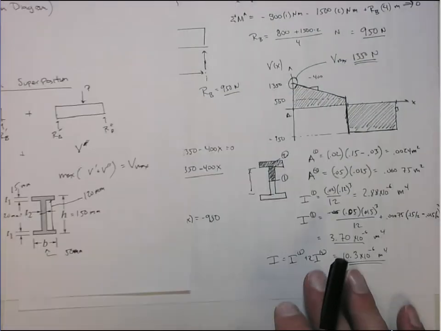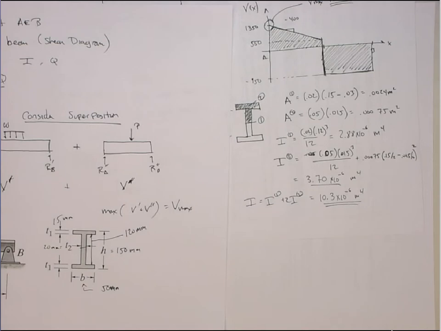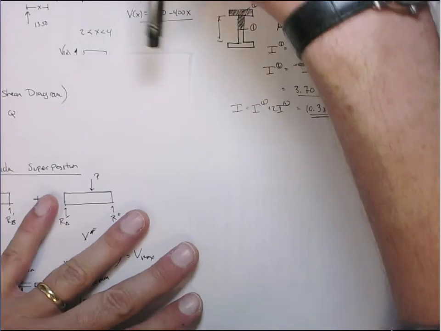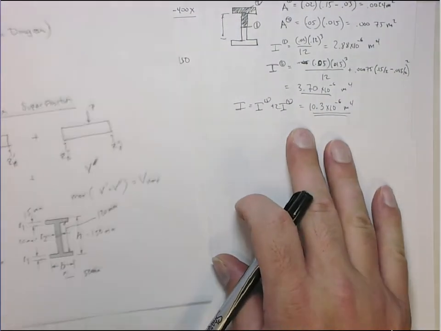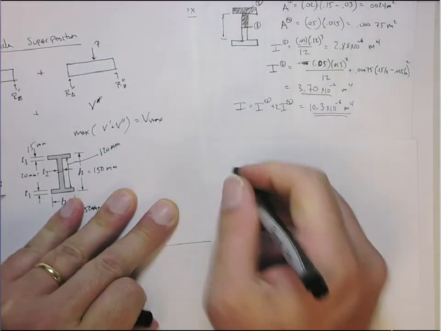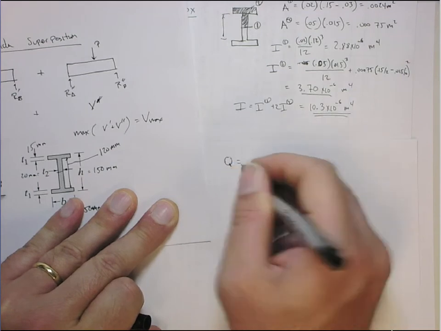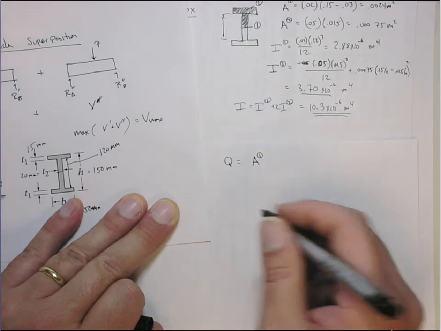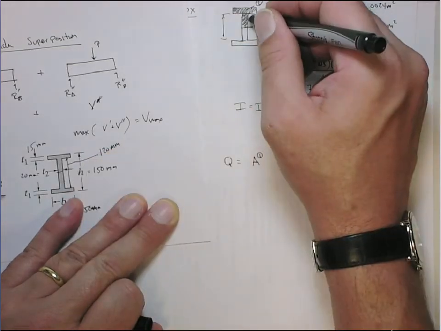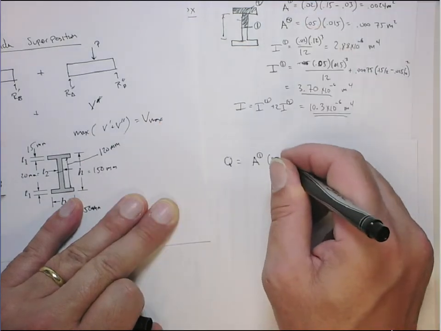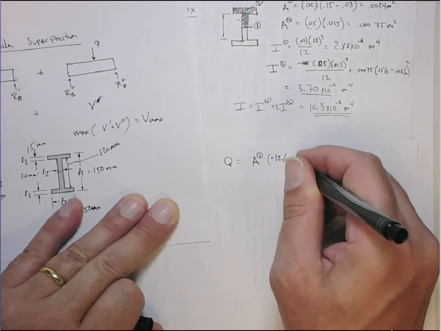So to get the Q, that's going to equal the area of section 1 times its centroidal distance, which is going to be the 0.12 divided by 4, right?